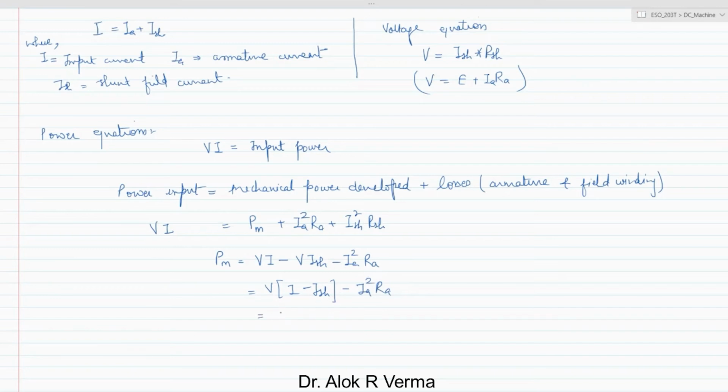Okay, so this is VIA minus IA square RA, and it is nothing but V minus IA RA times IA, and this is nothing but E.